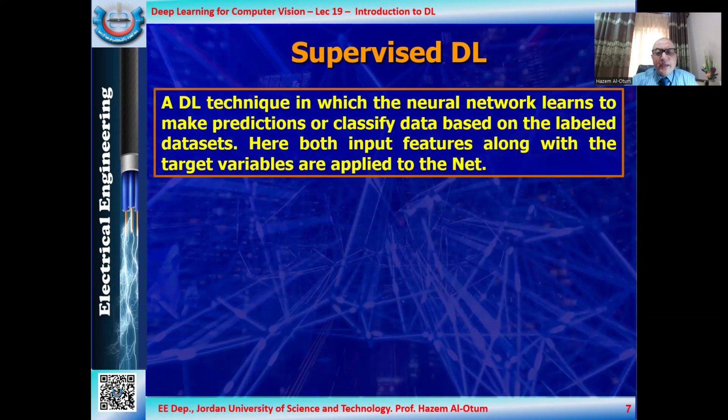In supervised deep learning, as in machine learning, the network in general learns to make predictions or classify data based on a labeled data set. So this is the main idea of supervision. In supervised learning, you have the input, you have the labels of these inputs. The inputs are the data set and the labels for this data set.